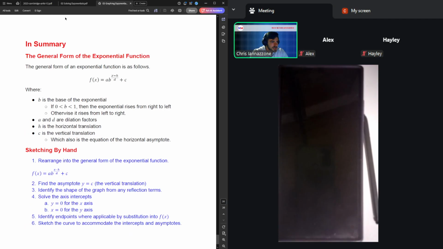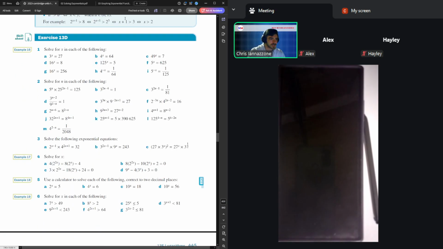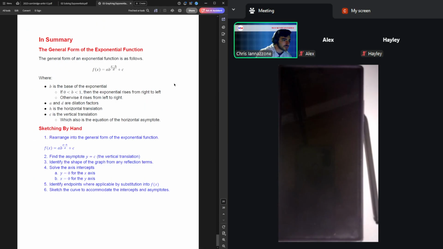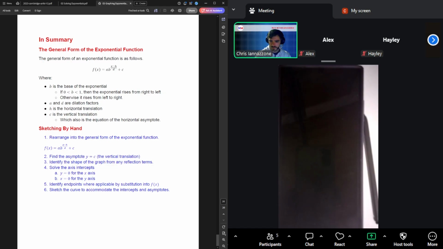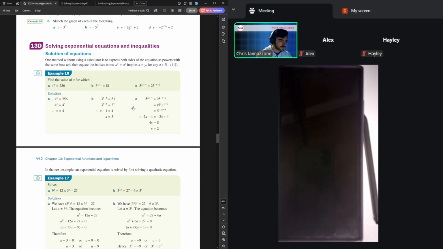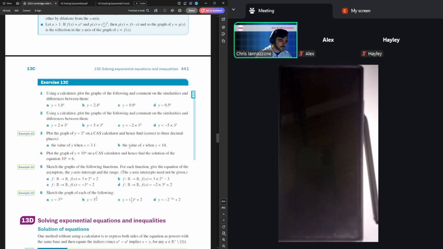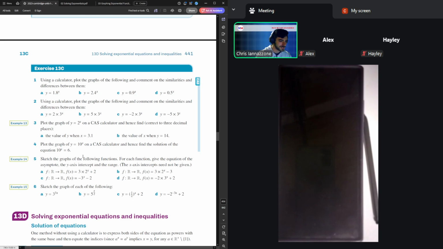Cool. That's a big lecture on the graphing side of things. Time to put it into practice. So I'll get a screen grab of this summary. I forgot how much Unit 1 and 2 pretty much does nothing with the graphing side of things.